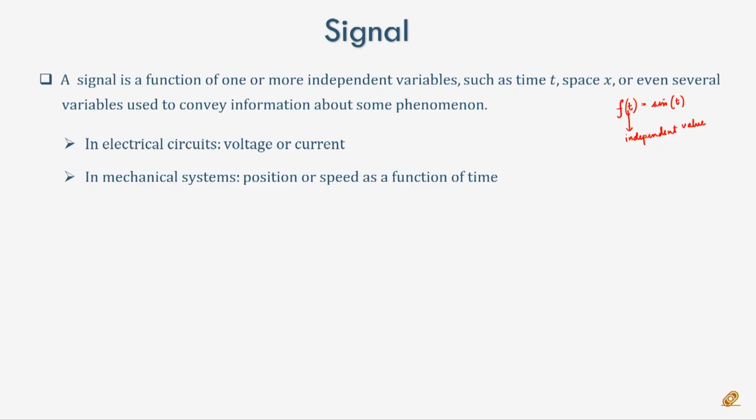Then in the case of mechanical systems, you can have position or speed as a function of time. Consider an example of a quadrotor, which is an electromechanical system. Here we have a quadrotor with us.